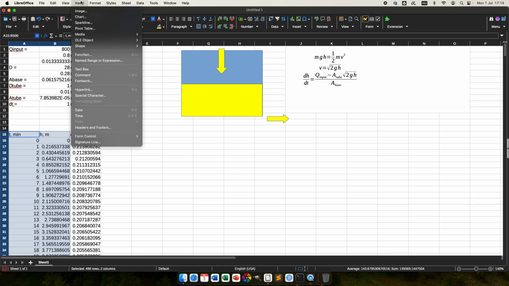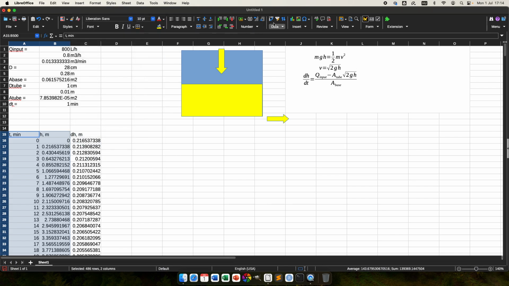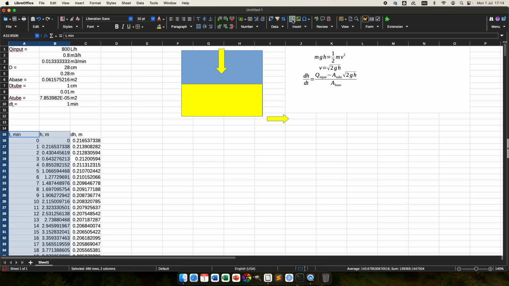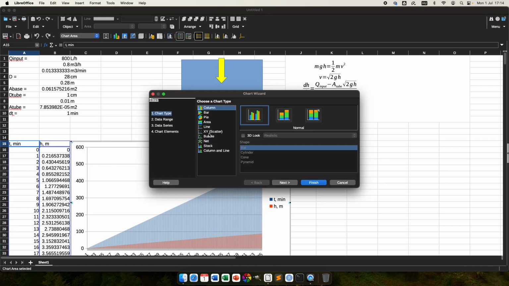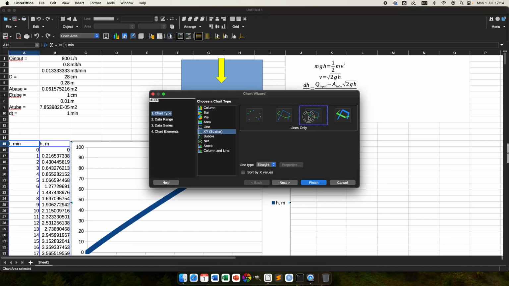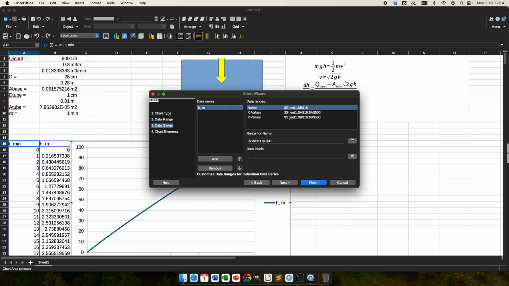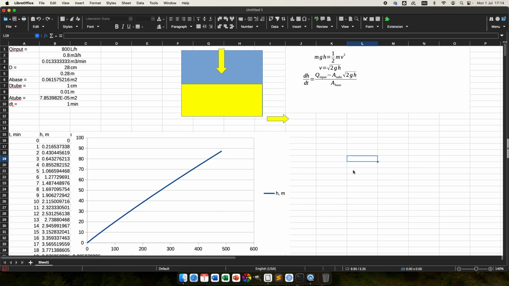So let it be. Where can I add the figure, chart, insert a chart, a nice chart. Okay, let's check the wizard. So I need a scatter connected with lines. Next one. Okay. And then I think we can finish it.